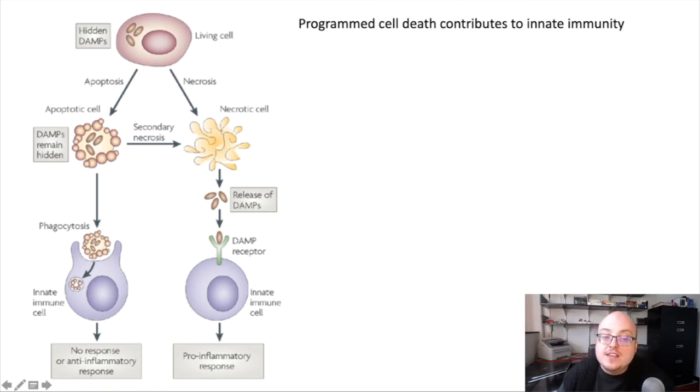So a lot of different things can happen, but this is going to induce an immune response. It's going to be pro-inflammatory. And this is in contrast to apoptotic cell death, which, remember, is basically cleared by macrophages without inducing any additional inflammatory activation.